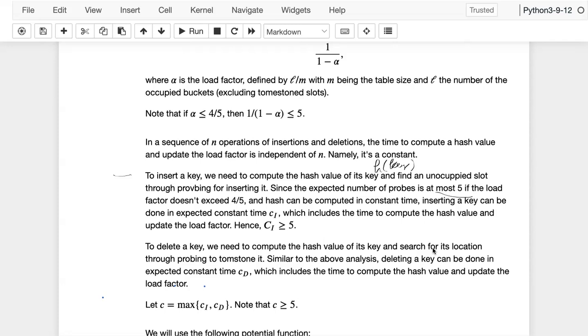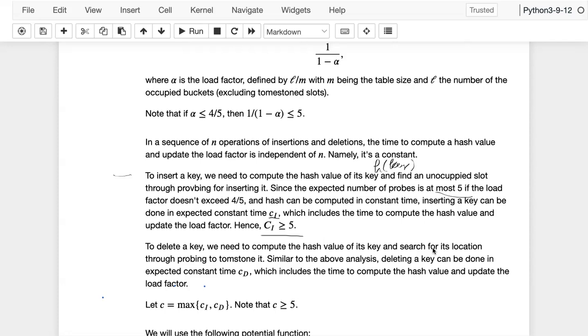Let's call it C sub I, with capital I standing for insertion, which includes the time to compute the hash value and update the load factor. And so we have C sub I is greater than or equal to 5.